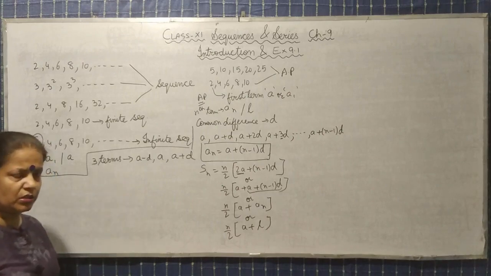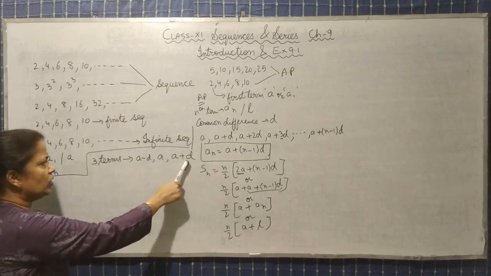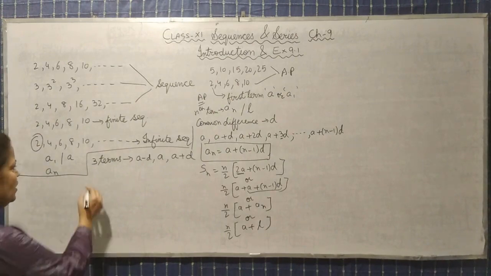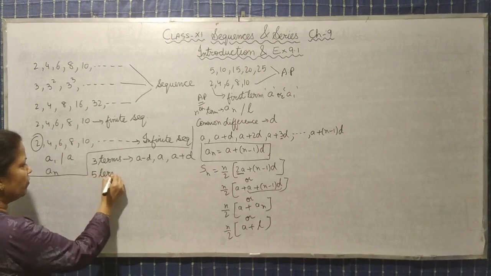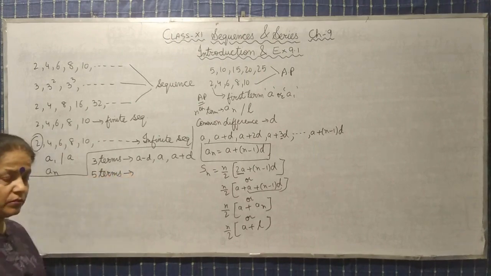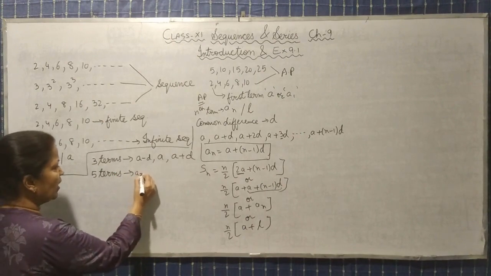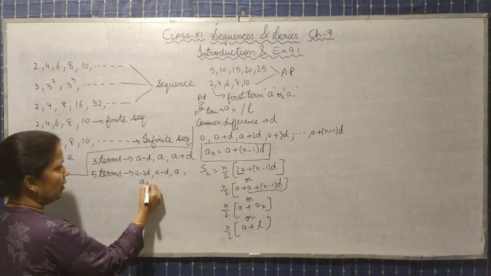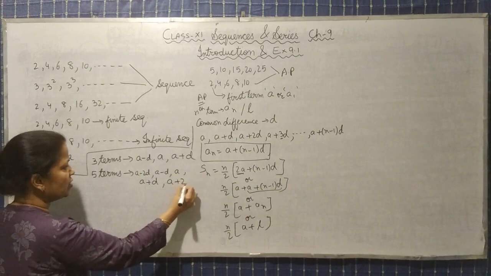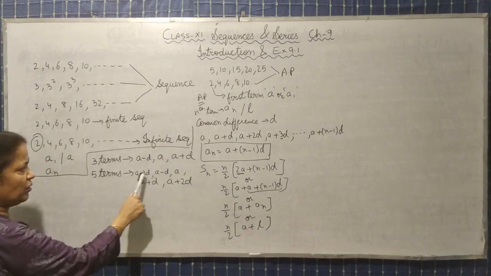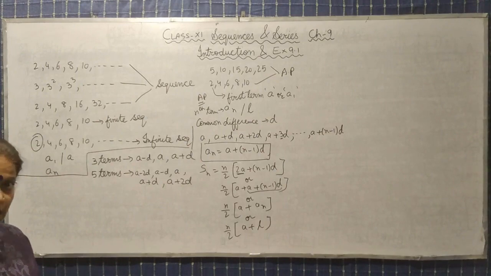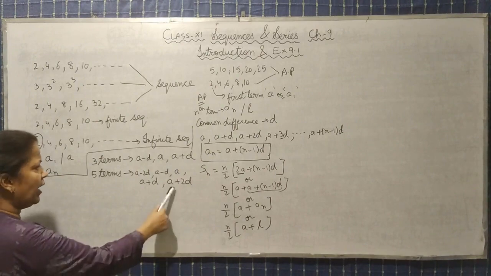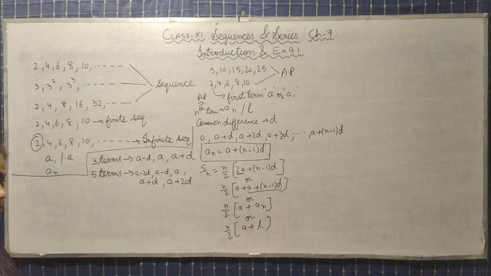Second minus first, you will get D. Third minus second, again you will get the common difference D. If it has five terms, then you take the terms as A minus 2D, A minus D, A, A plus D and A plus 2D. Look here. Second minus first term, D. Third minus second term, again D. And in the same way you will get the answer.